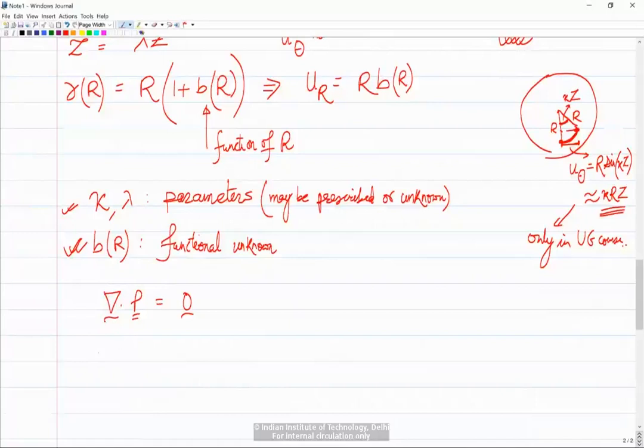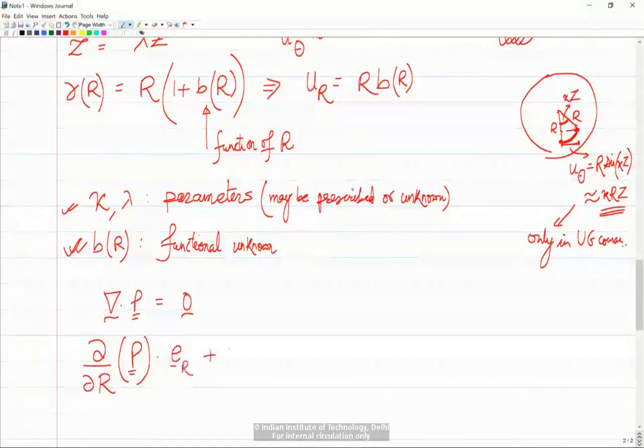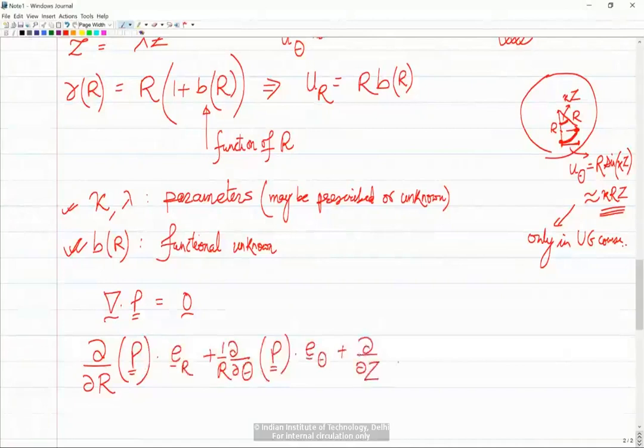So all that you have to do is, so divergence would be this del over del R of P dot with E big R plus 1 by R del over del big theta of P dot with E big theta plus del by del z of P dot with E big Z.